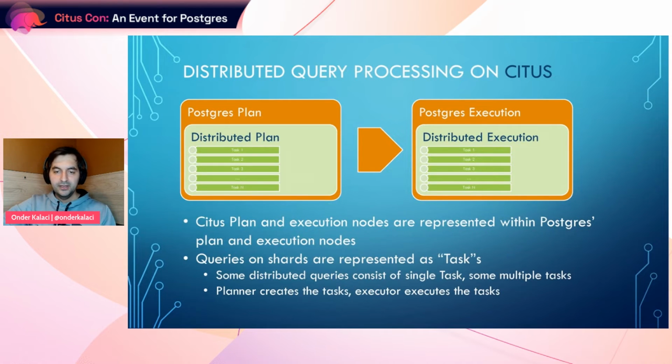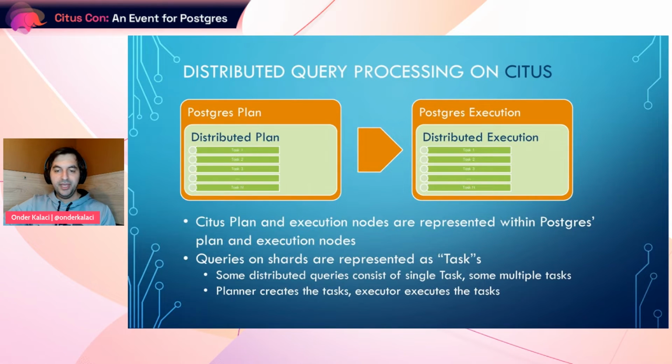Okay. So Citus's plan and execution nodes are represented within Postgres's execution and plan nodes. From Postgres's perspective, Citus's objects and structures and representation are first-class objects.